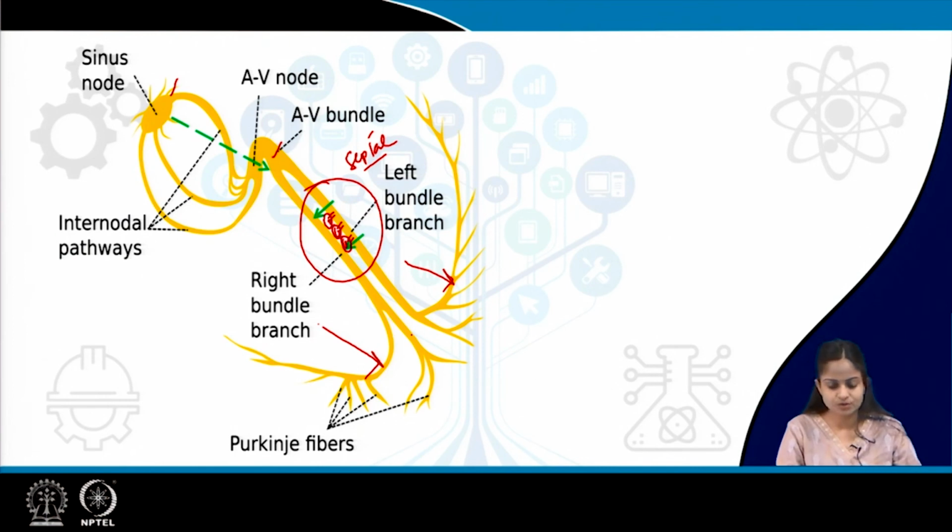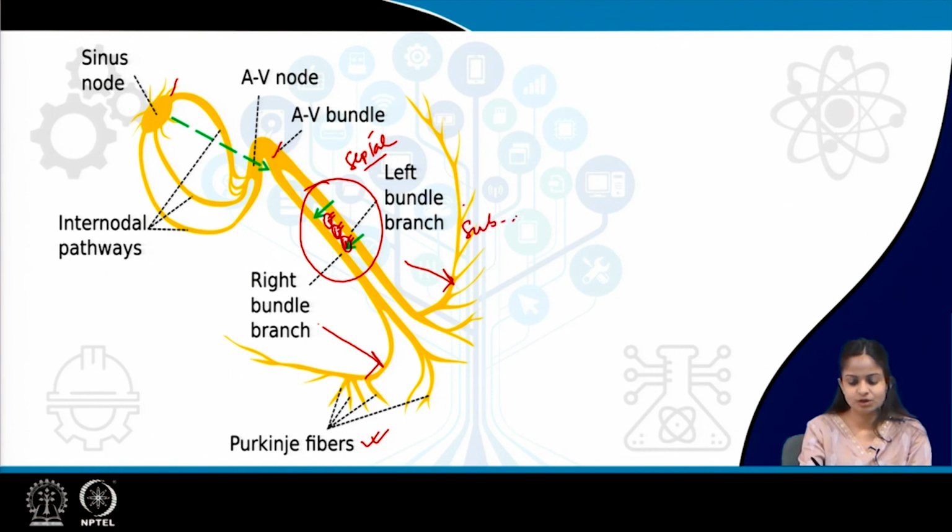Now, endocardium to the epicardium means from the inner side of the myocardium towards the outer side, because the Purkinje cells which are present over here are the maximum conducting fibers, and these conducting fibers are present at the level of the subendocardial surface.